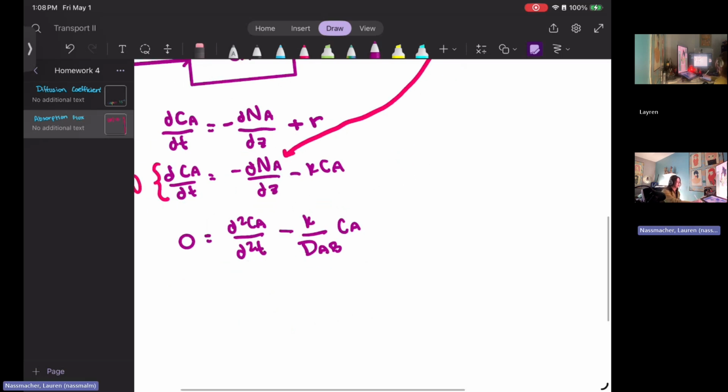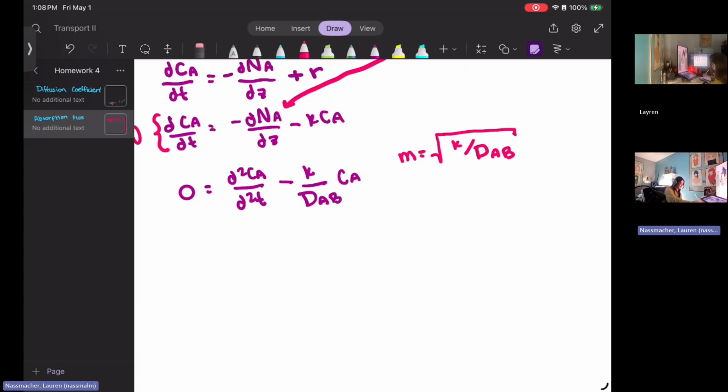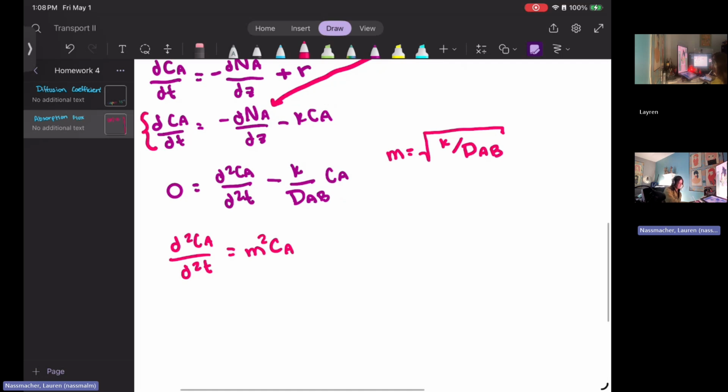We'll have a constant M equal to the square root of our reaction rate divided by our diffusion coefficient of A, B. Then our second derivative is equal to our constant multiplied by the concentration of A, but the constant is squared since we took the square root.